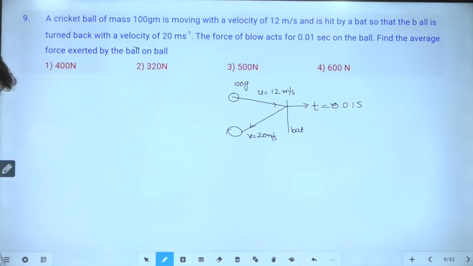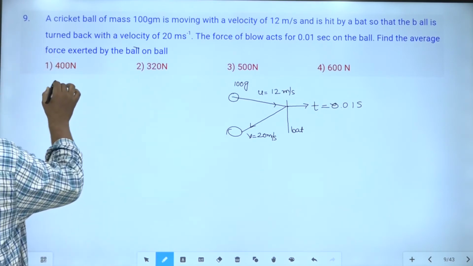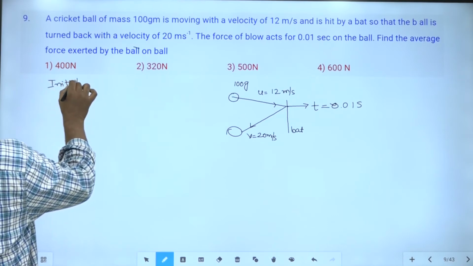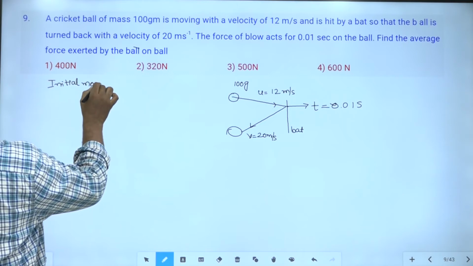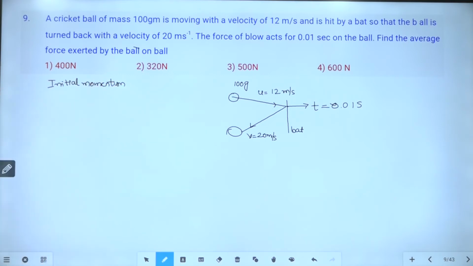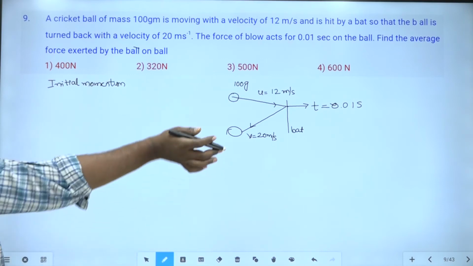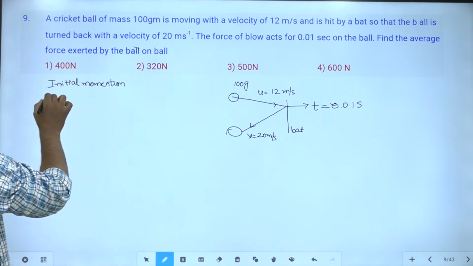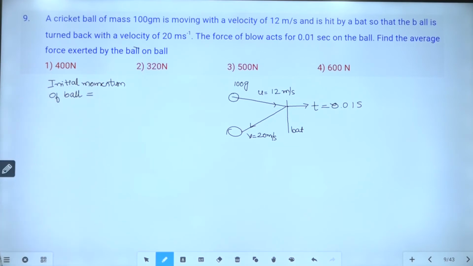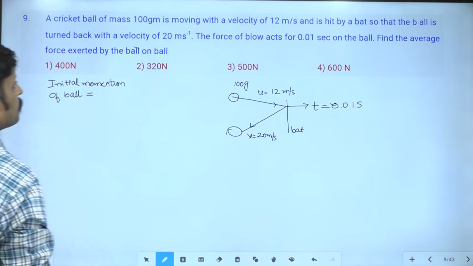Now, let us calculate the initial momentum of the ball. What is momentum? Momentum is nothing but the product of mass and velocity.